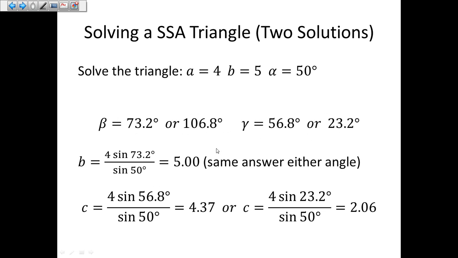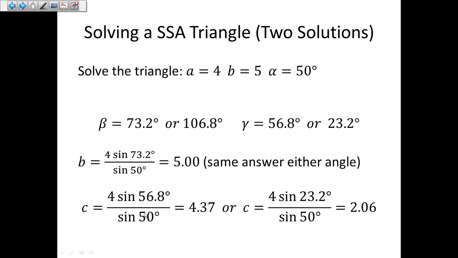Now, I want to just point out something here. We already know what B is, but I wanted to point out that if you run the law of sines to find B, whether you plug in 73.2 degrees or 106.8 degrees, you'll get 5 either way, which is good because B was given to us as 5.